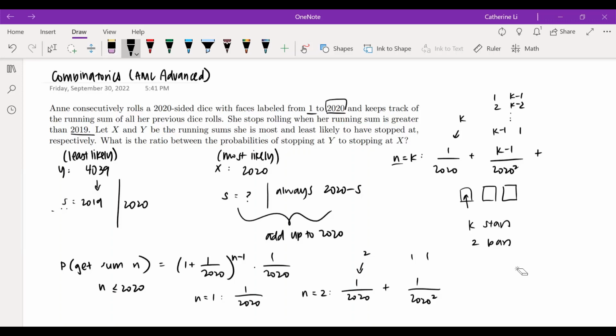And if we first just put 1 into each of these boxes, because everything is at least 1, then we're left with k minus 3 stars. And then applying the formula, we have k minus 3 plus 2.